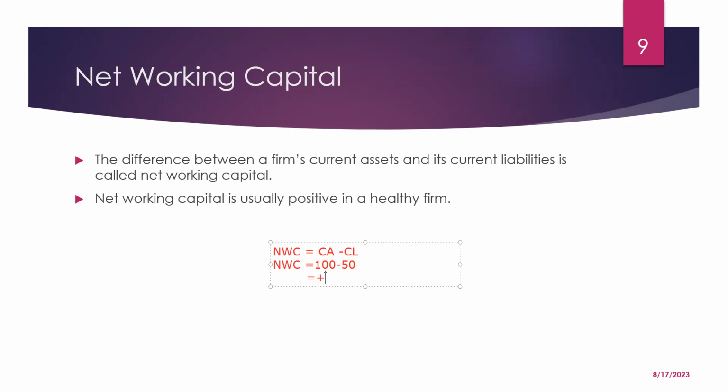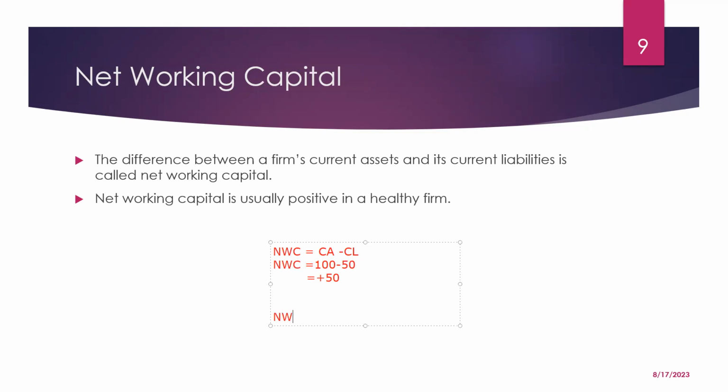It is plus 50, right? Then this type of firm is known as a healthy firm. Why is that? That is because the current assets are higher than the current liabilities. Then by paying all the current liabilities, this firm has some current assets left with them. So that is good.